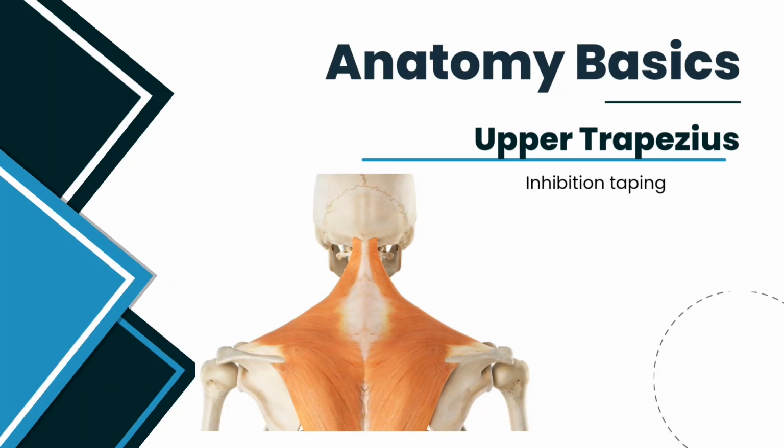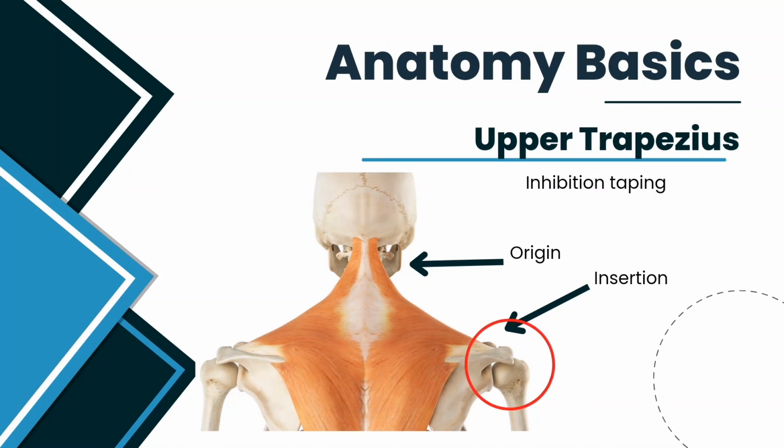So I'm going to tape from insertion, the bottom where it kind of finishes, quote unquote, to the top where it starts. For the upper trapezius, and we'll see this later because this is a taping that we use, it's going to be from the side of the shoulder, on the deltoid region, and then you're going to pull the tape up and end the tape up on the neck.